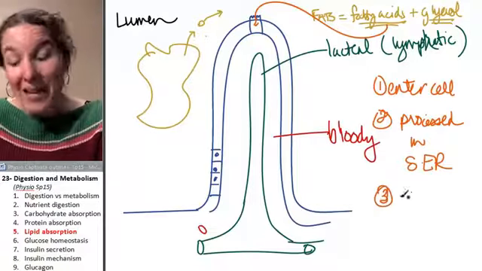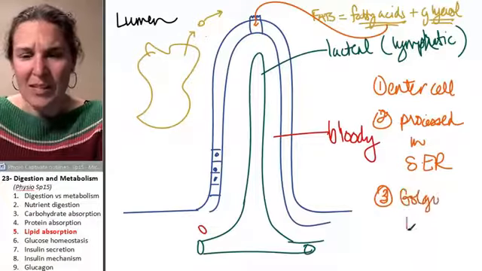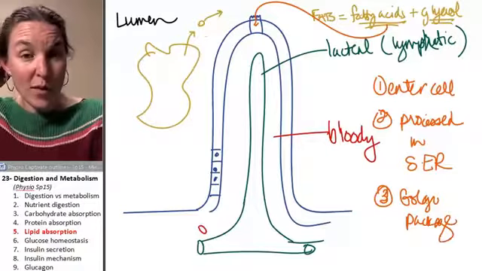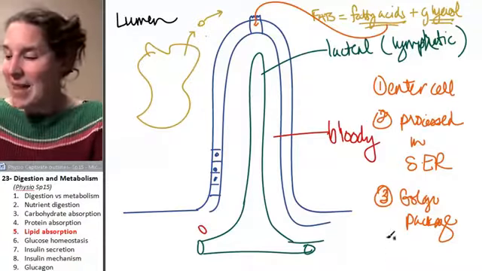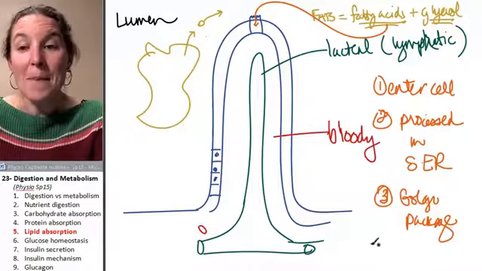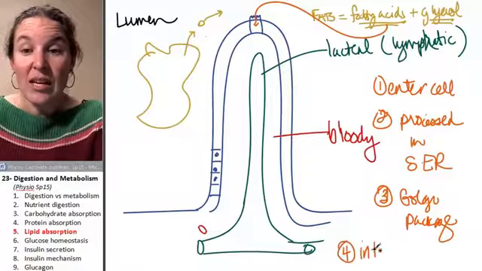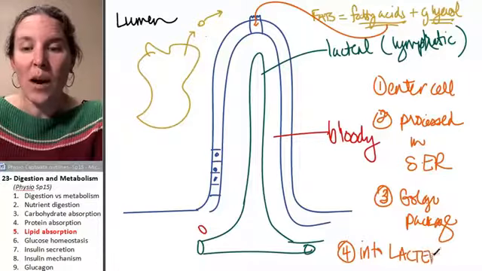And then they're packaged in the Golgi body, which is all review of cell parts and what they do. So the Golgi bodies are just going to package up those fats, and then they're going to be exocytosed into the lacteal, which is the whole reason why I had to draw you this anatomy piece.